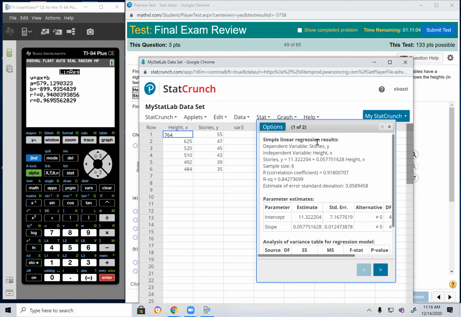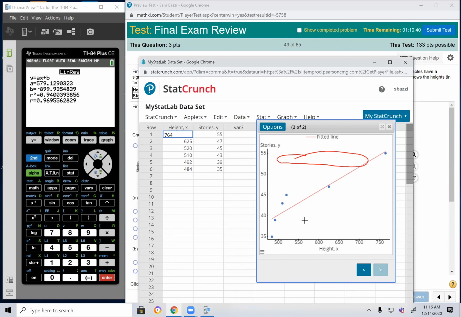You want the equation. The equation is this. Y equals 11 point, let me just mark it. This is the equation, guys. So that's what we need. And you want to see the graph? Just advance the page, and this is the graph.